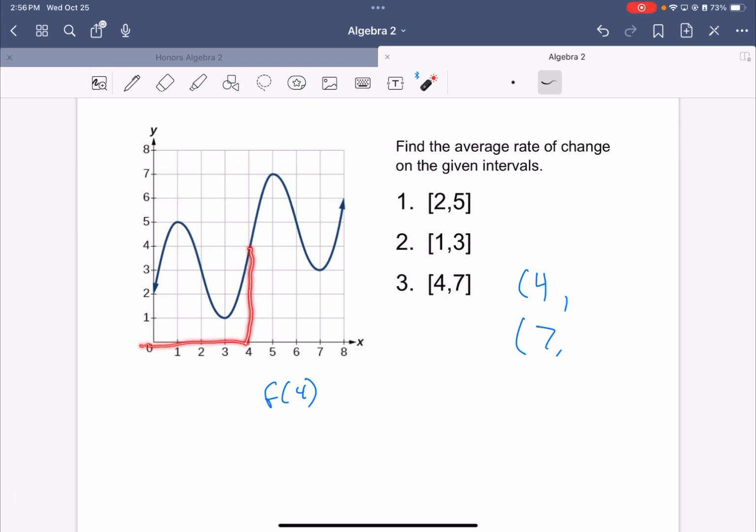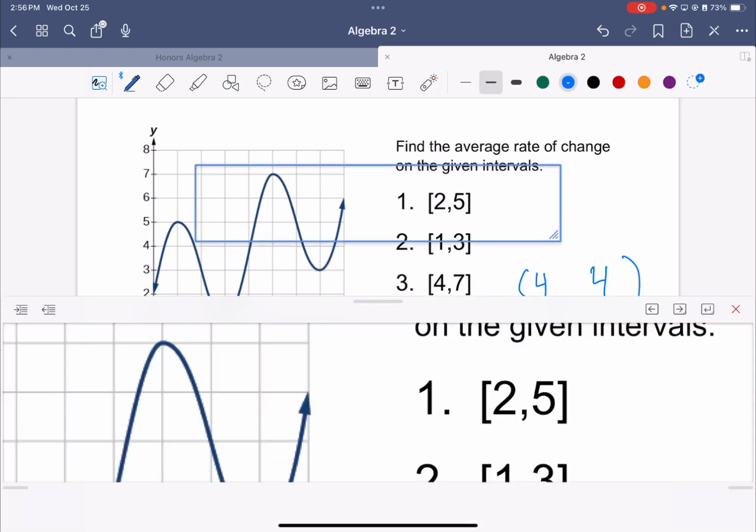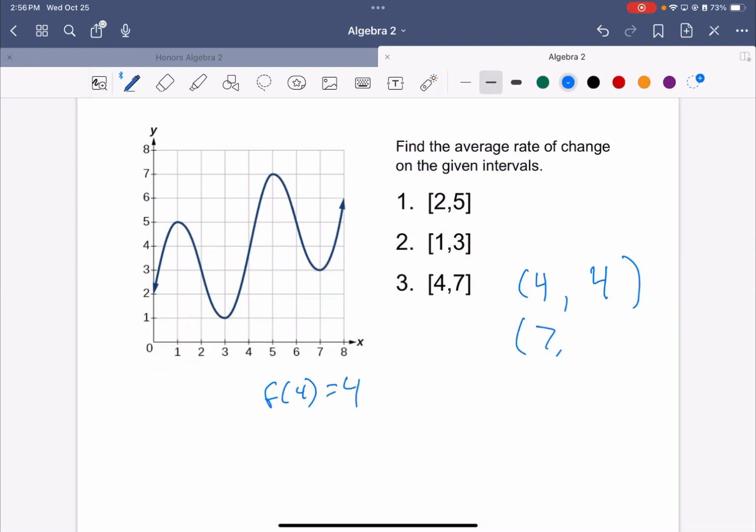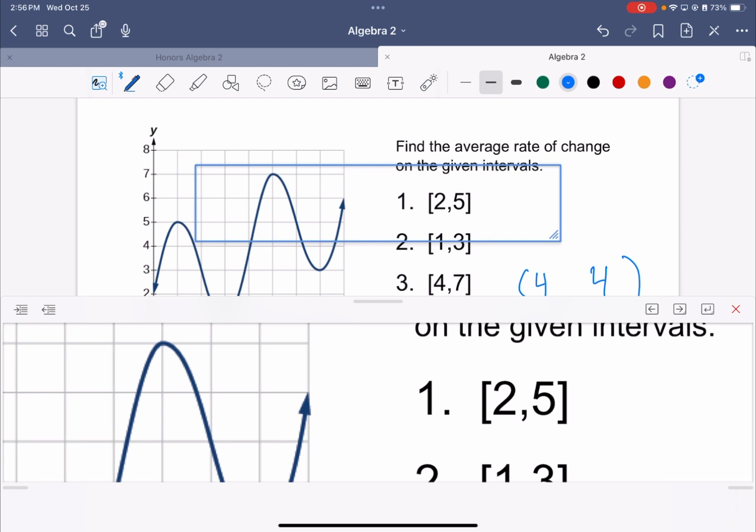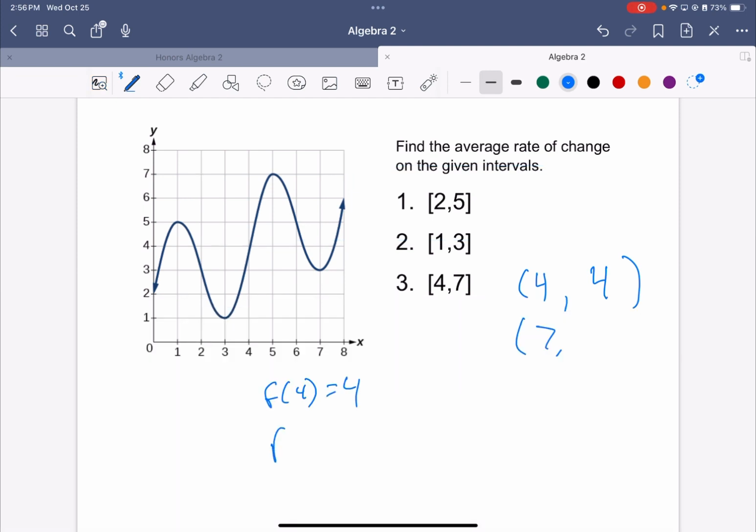It's right there. So f of 4 is 4, so I've got the point (4, 4). Then 7: 1, 2, 3, 4, 5, 6, 7. 1, 2, 3. So f of 7 was 3.